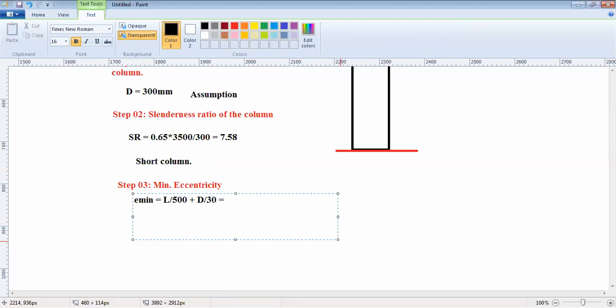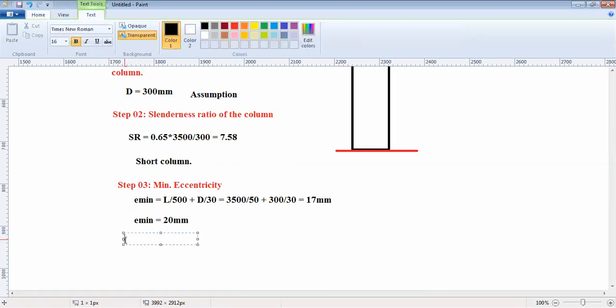L is the unsupported length. So this plus D by 30, 300 by 30. That's 10 plus 7, 17 mm, while at least e minimum should be 20 mm. So it has to be at least 20 mm.